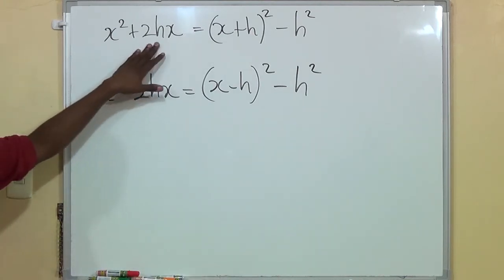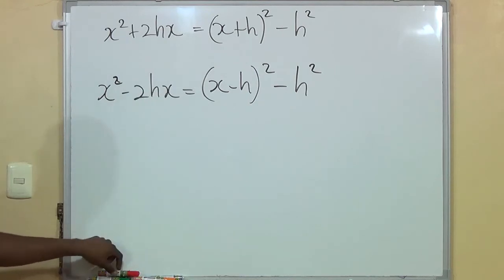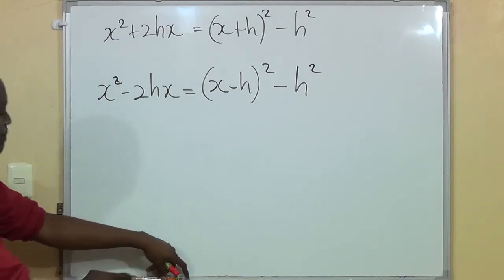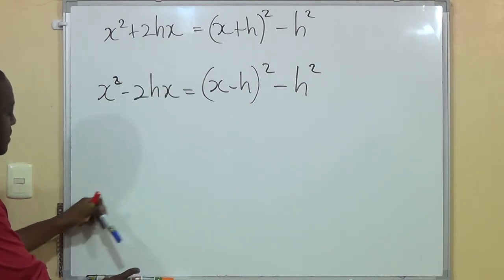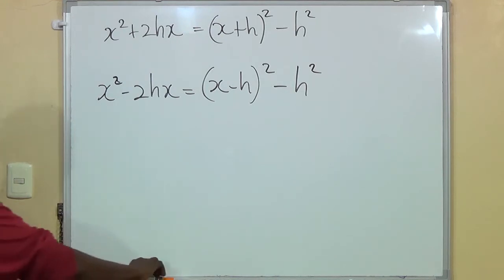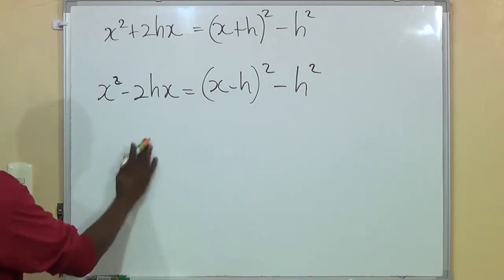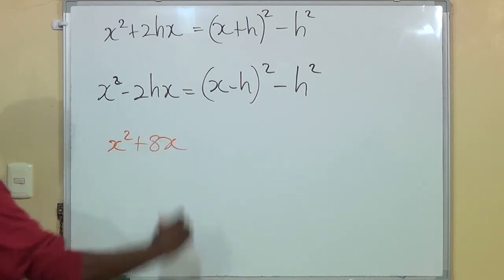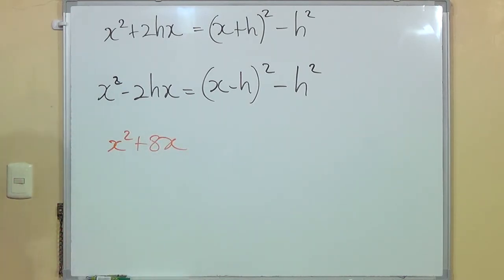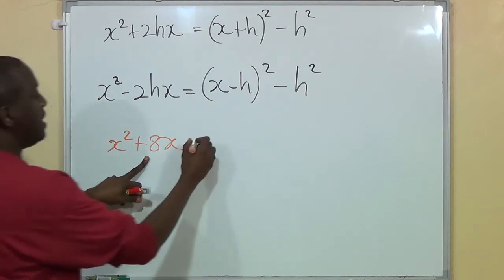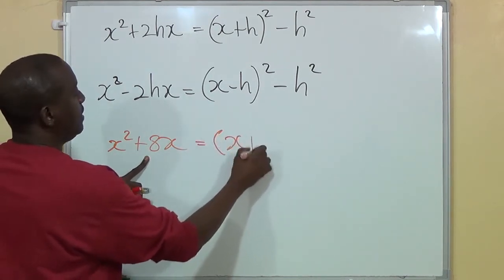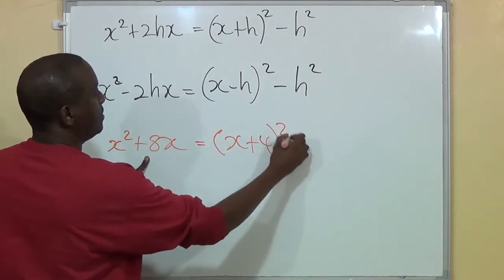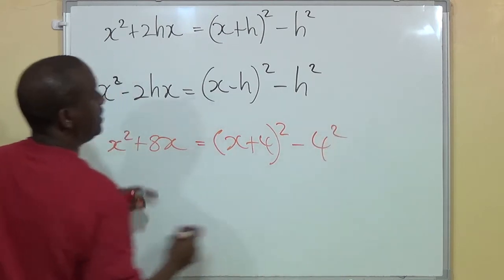x squared plus 2hx, right? What does that mean? It means that if I have x squared plus 8x, I could write this over, watch it carefully now, as (x plus 4) squared minus 4 squared.